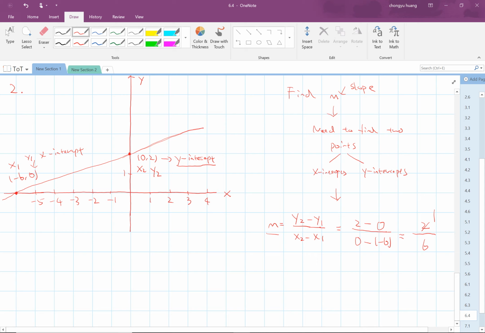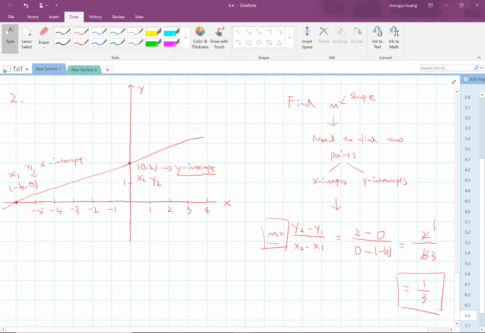Now you can cancel some terms, and the final solution for the slope m is m equal to 1/3. Okay, hopefully everyone gets the same slope, m equal to 1/3. That's the slope of the line for this graphic.